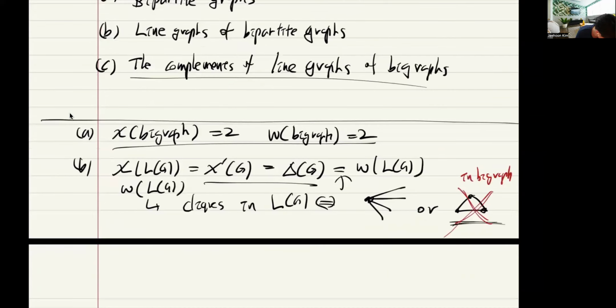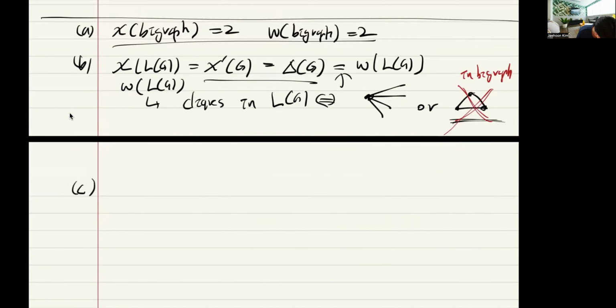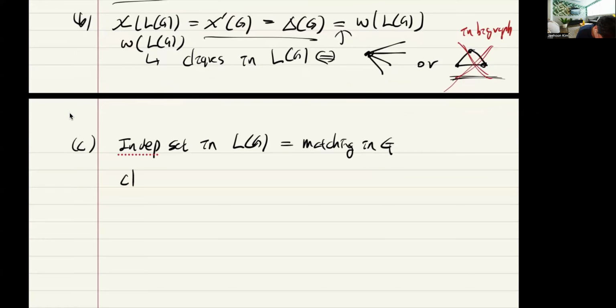Then the complements of the line graphs of bipartite graphs are also perfect. Why? If you have an independent set in the line graph, it is the same as a matching in G. And a clique of L(G) is again this star or triangle.